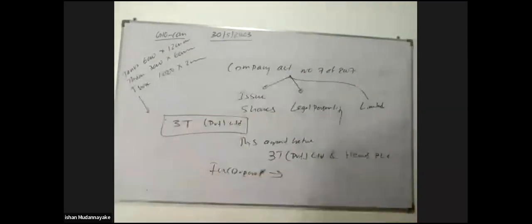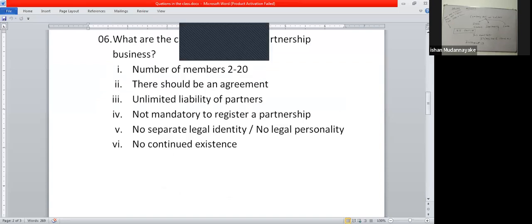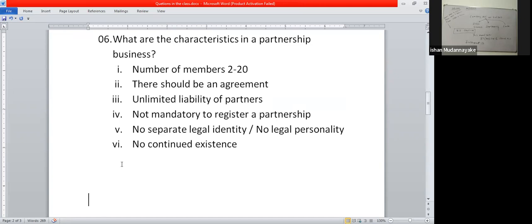Quickly write down question number 7. What is an incorporated company?